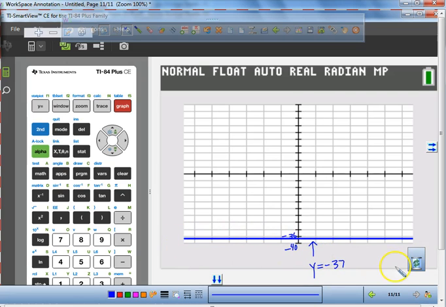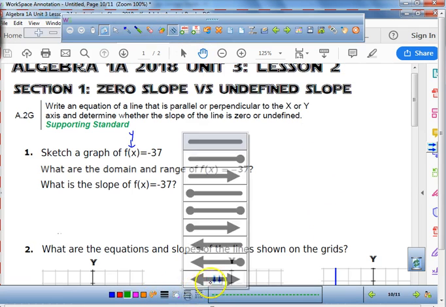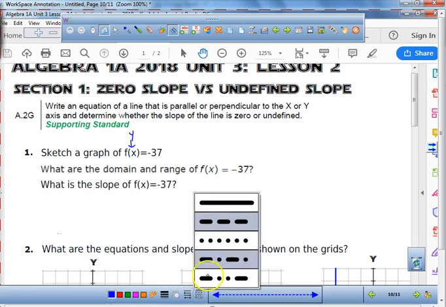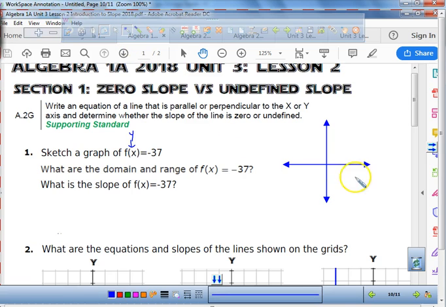Y equals negative 37. So by the way, did you guys make a sketch of this graph? All right, let's make a sketch. Well, how do I make a sketch? I'll show you how easy this is. Just going to make a little sketch. Does it have to be perfect? No. Let's make an x-axis and a y-axis. There's my x-axis. There's my y-axis.